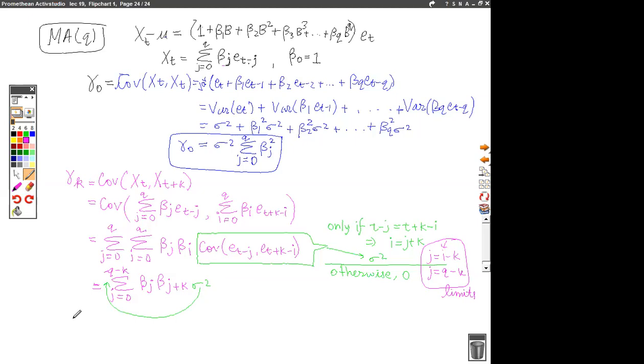So I know that my gamma_k is nothing but sigma squared times the summation j going from 0 to q minus k of beta_j times beta_(j+k). So this is the final answer that I am looking for.